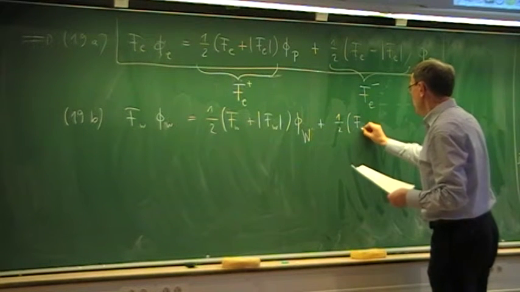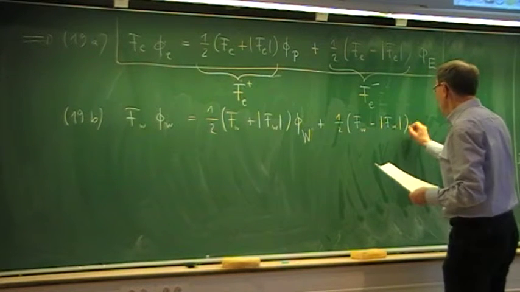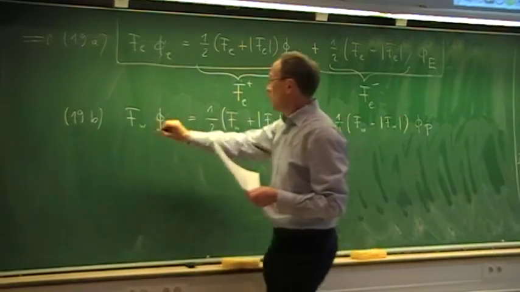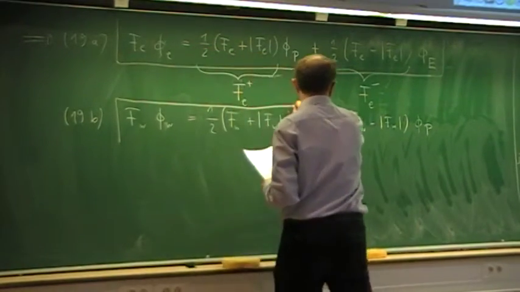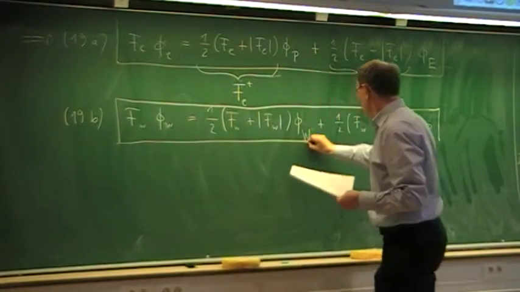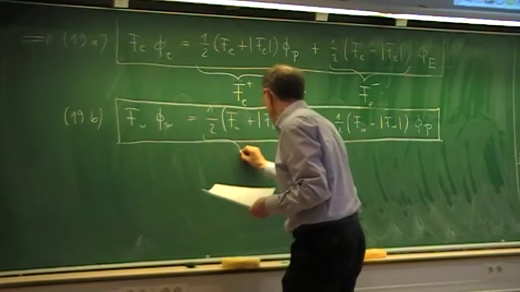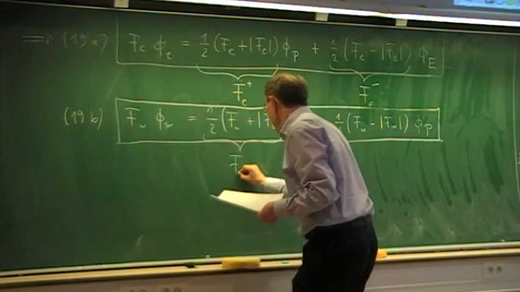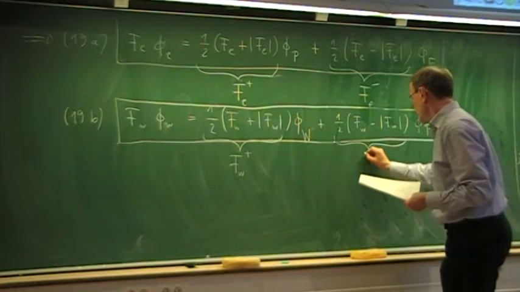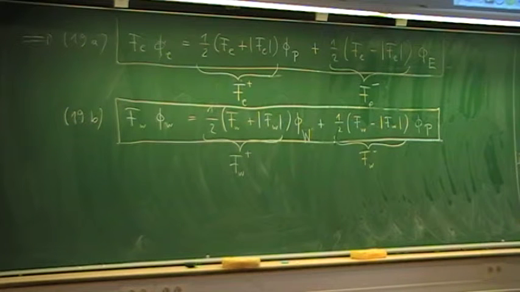That is Fw minus modulus of Fw times the phi P. Again, we can define these coefficients as plus and minus Fw. And now we want to discuss these coefficients a little bit more.